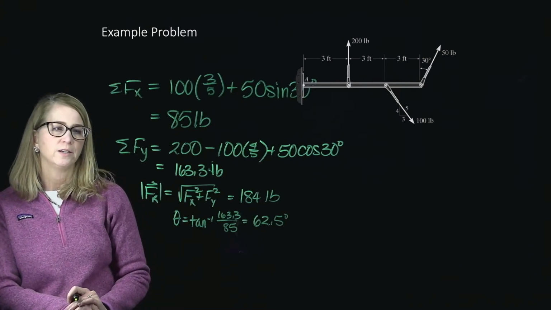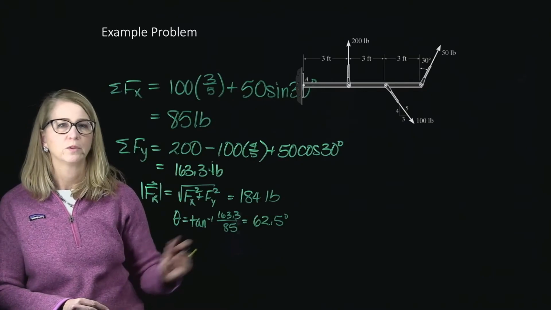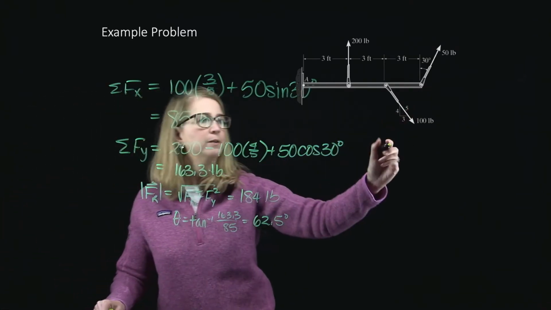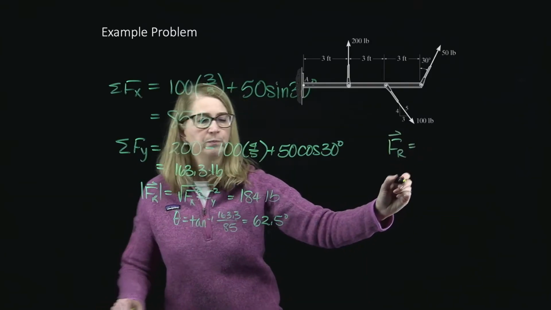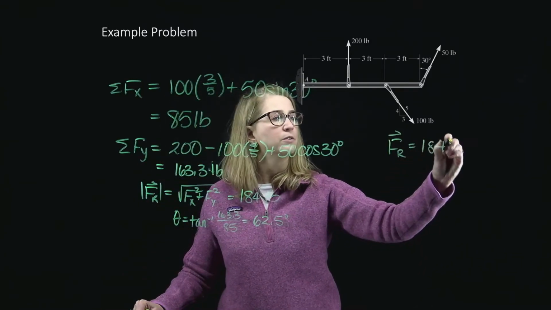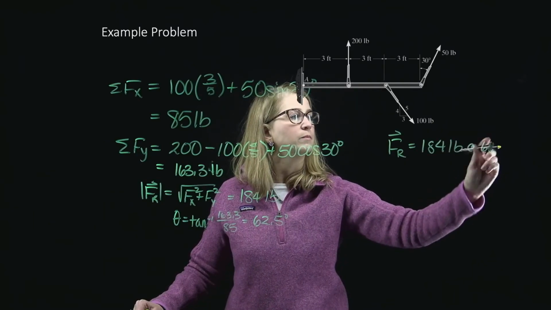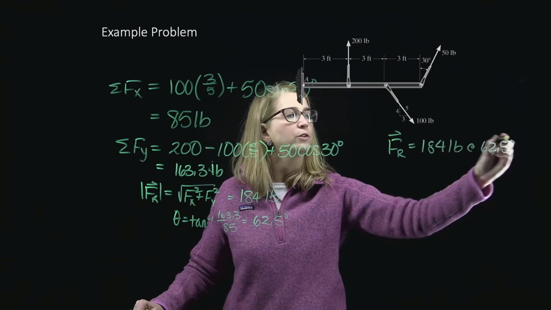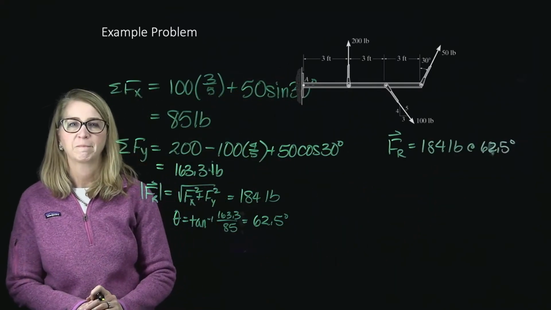So the idea is that our resultant force for these three, Fr, is equal to 184 pounds at 62.5 degrees. So it would be like up and to the right.